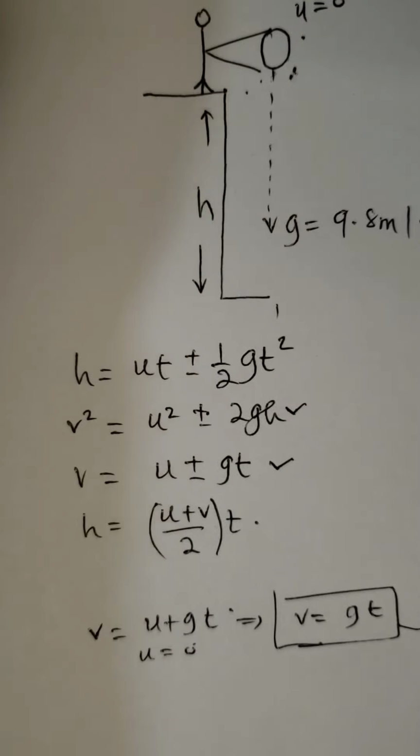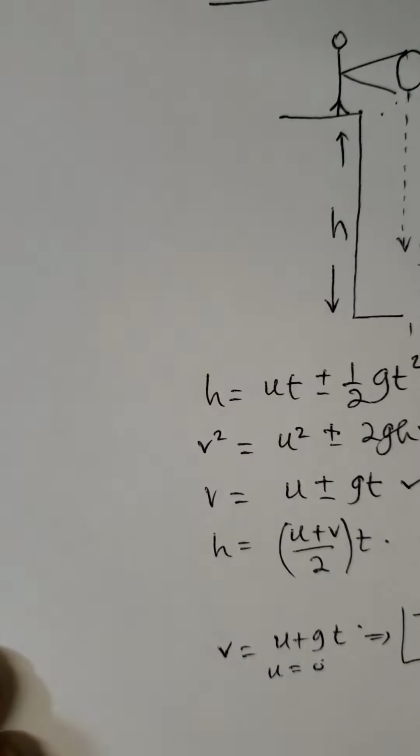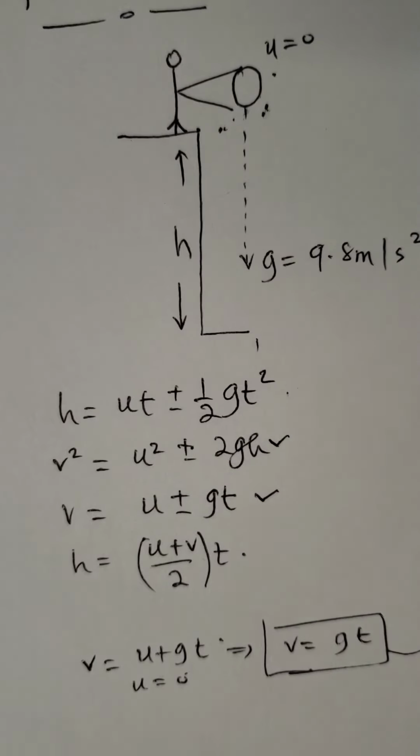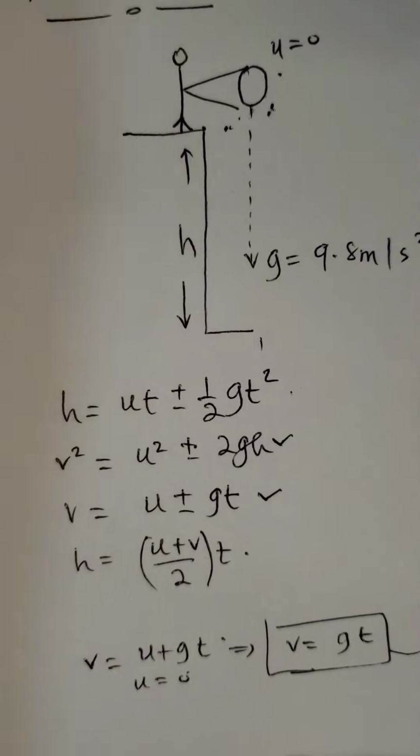Then also, let us see how we can calculate the height. That's the distance between the position where the ball was dropped and the ground, which is our h. Now for us to find h, we can find h using equation 1 and equation 2. Now from here, let us find h.